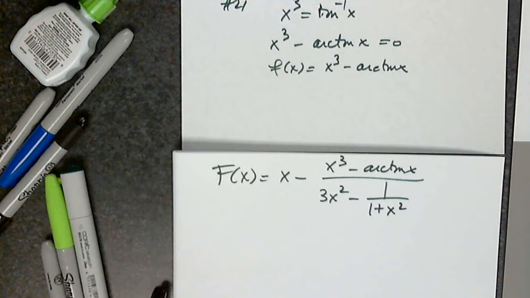So in the graphing calculator, I have to put in the original function because I have to have an interval. I don't know where to start. So I have x cubed minus tangent inverse of x.